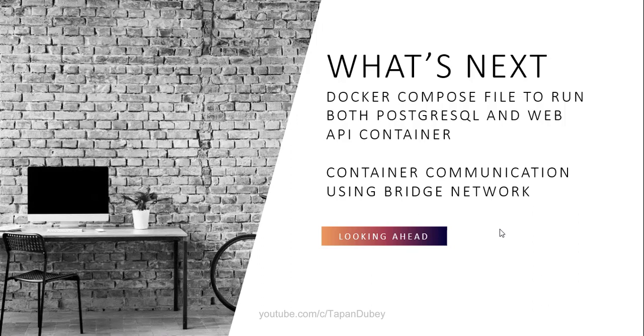So how can we fix this kind of problem? Yeah, we have one solution. We can use a Docker Compose file to run both containers with one command. So in the next video, we are going to add a Docker Compose file, and I will also show you how the communication works between the containers when running in Docker Compose.